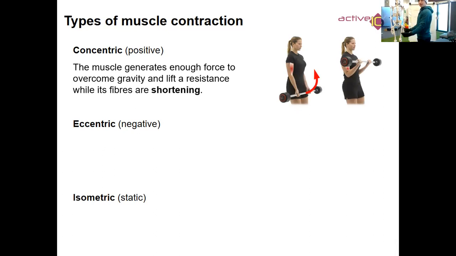As we bend our elbows up, remember the muscles move up towards the origin, away from the insertion. The bicep will pull up towards the shoulder, it pulls our forearm with it, and it creates shortening of the bicep. So a concentric contraction is a shortening of the muscle through movement.